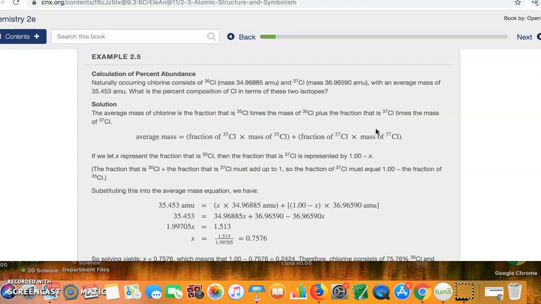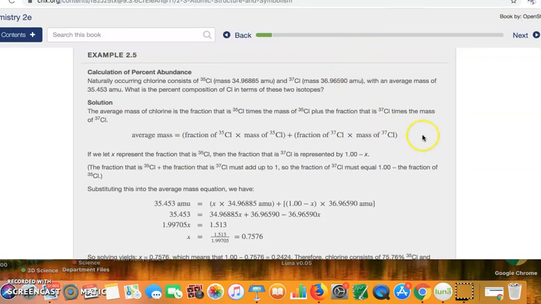Here they're wanting you to calculate your percent abundance when they're giving you the average atomic mass and the masses for each individual isotope. So here you see that we have 2 isotopes for chlorine, chlorine 35 and chlorine 37. They give us the masses. They don't give us our fractional abundance. We're having to calculate that.